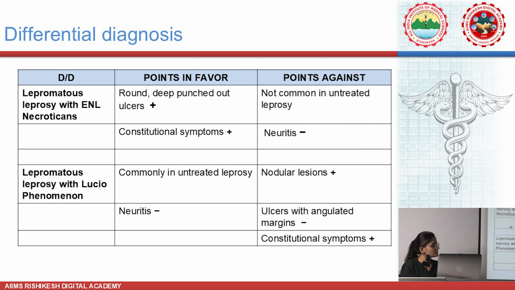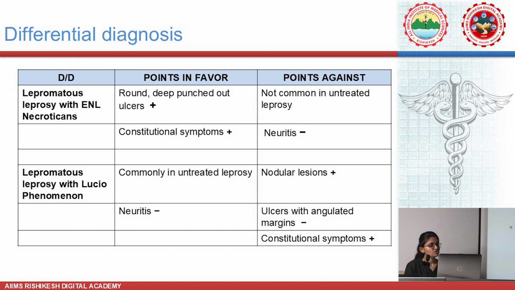Along with that, endothelial proliferation is present, which causes vascular thrombosis, leading to the ulcerations. So Lucio is more like a vasculitis kind of phenomenon. Not exactly vasculitis, sir. The inflammatory infiltrates are less common. It is just due to the thrombosis. Obstruction. Okay. Thrombosis. Carry on.